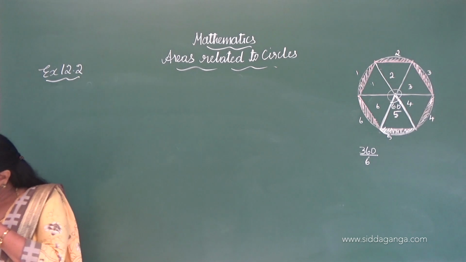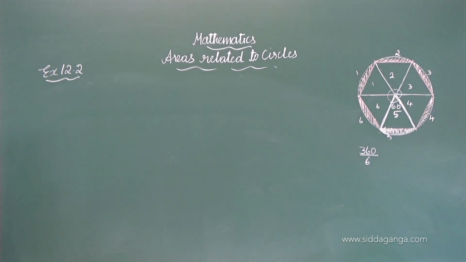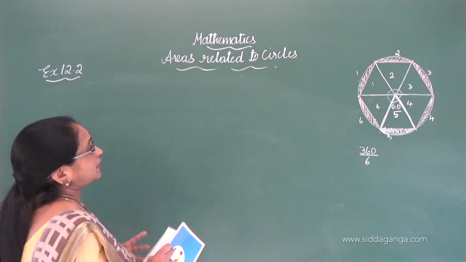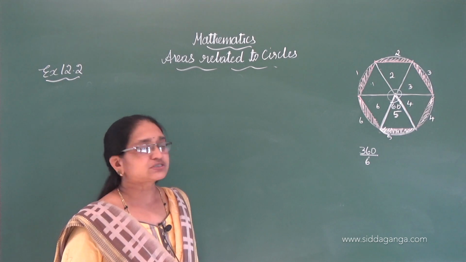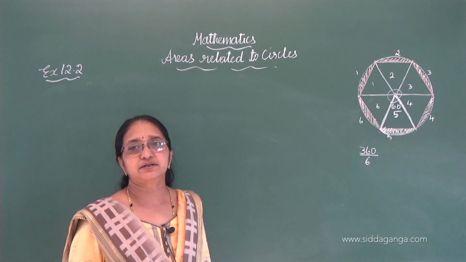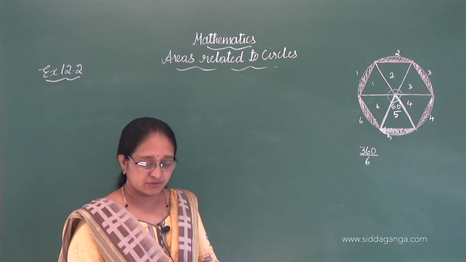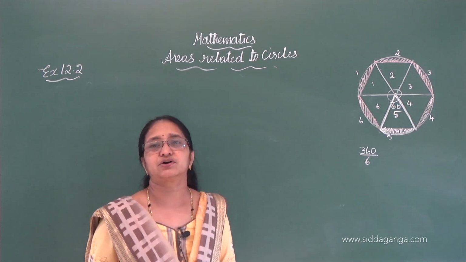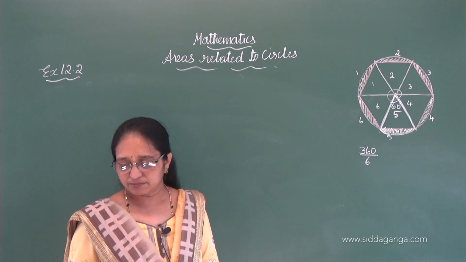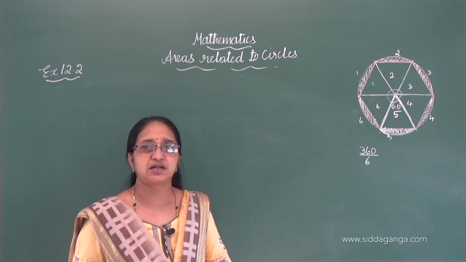Now, let us begin. But one more, a fourth step is also there. Fourth step is you have to calculate the cost or the amount required to make the design at the rate of 0.35 per centimeter square. So, this is the last step.